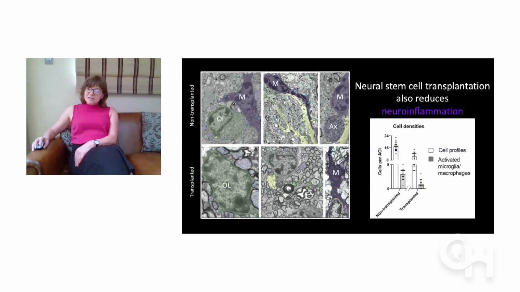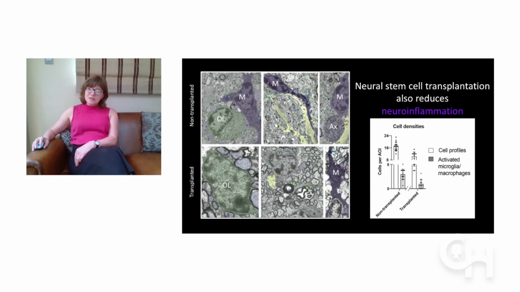A question remained, however, and that was, do the neural stem cells also prevent neuroinflammation? So to assess this, we used macrophages, so the cells shown in purple in the top three images, as a measure of neuroinflammation. So macrophages produce inflammatory factors.